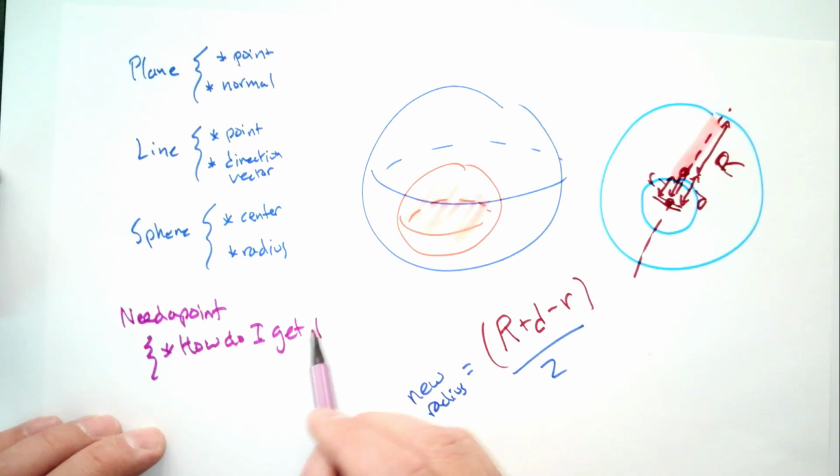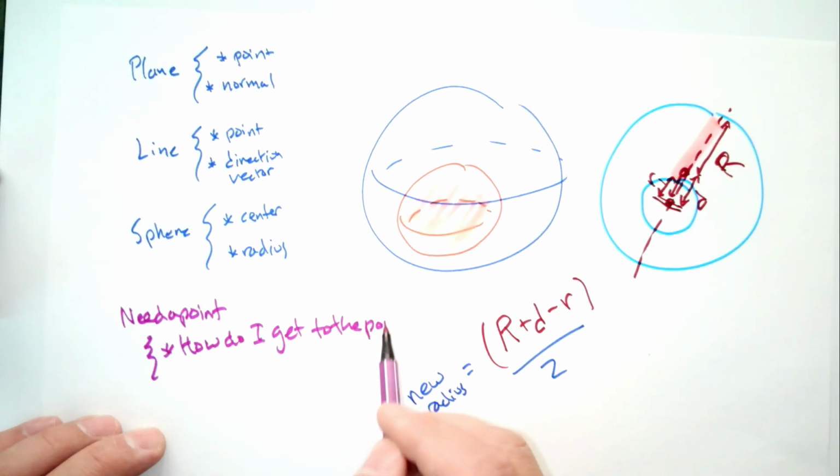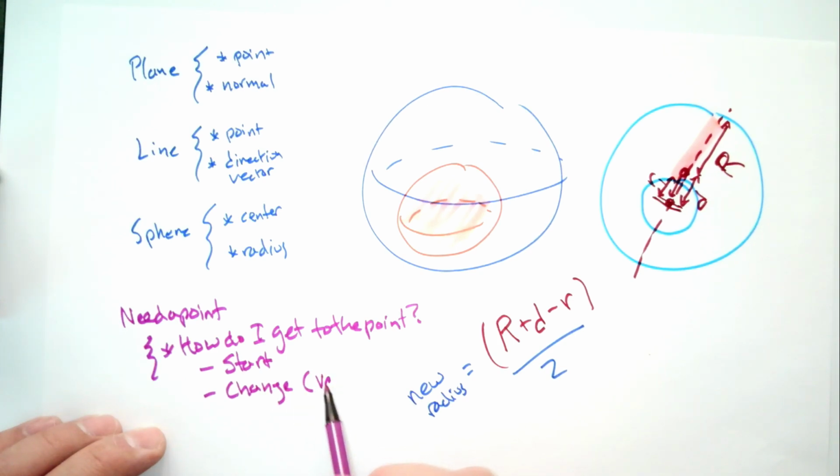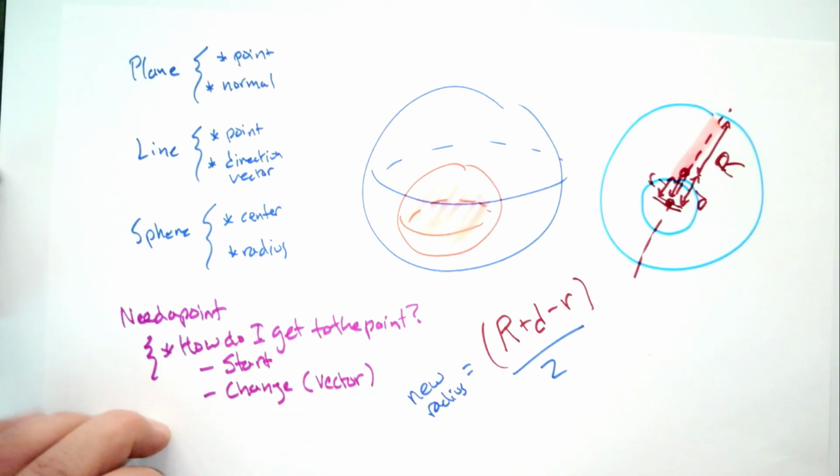If I know how to get to the point, I know the point. So the way I can answer this is, how do I start, and then how do I change? And change is a secret code word for vector, because that's what vectors do, they say how you change.